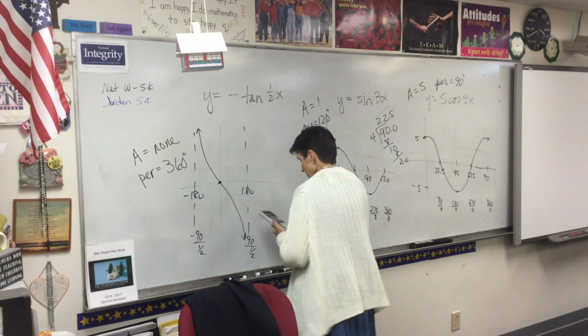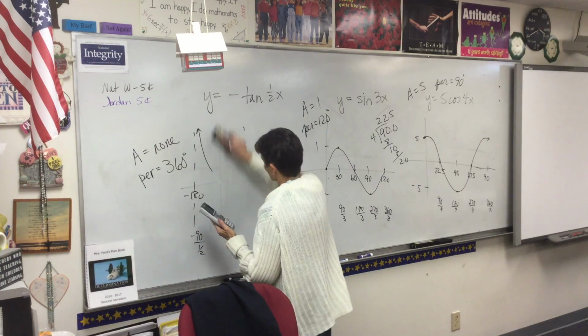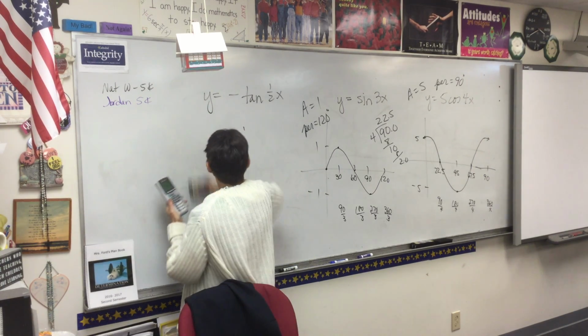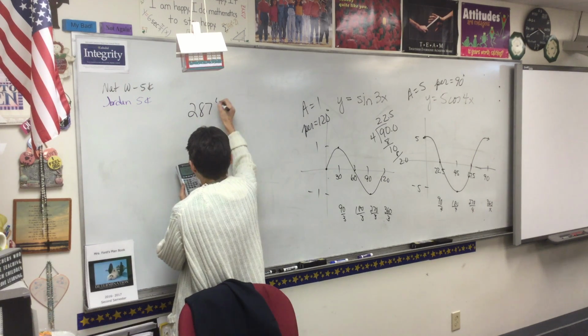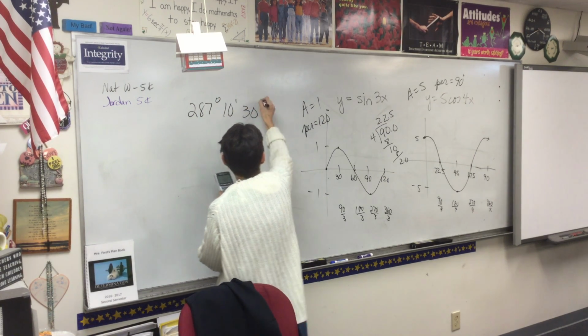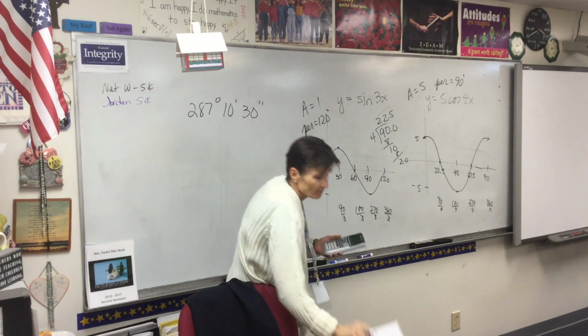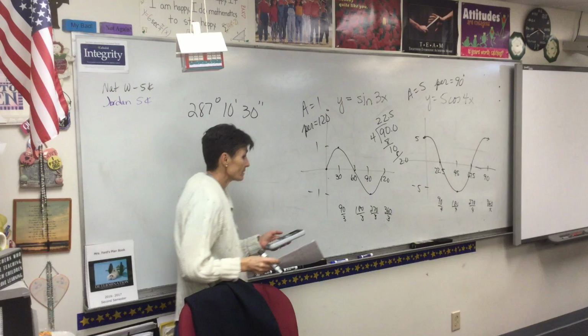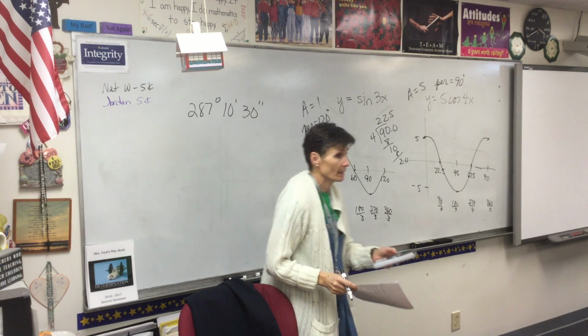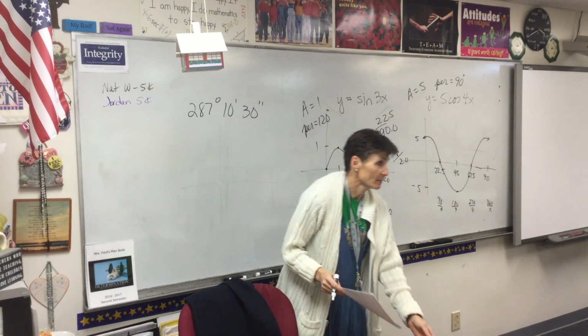So you should have gotten 287 degrees, 10 minutes, and 30 seconds. So if you're having trouble with that, number 1, you need to start bringing a calculator, and number 2, come see me during class.